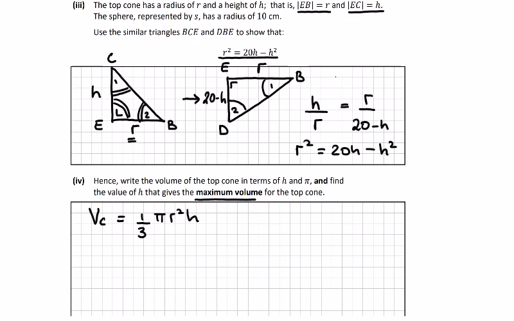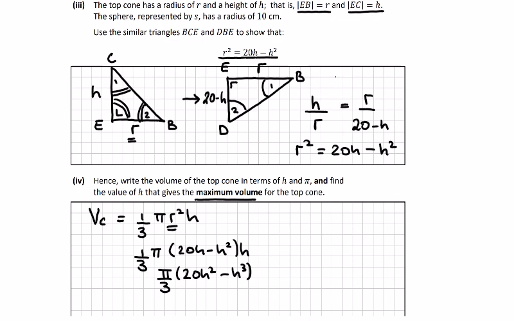So we have R squared from above, so let's change R squared in terms of H. So we're going to get 1/3 pi by R squared, which is 20H minus H squared, times H. So we're going to get pi over 3 times 20H squared minus H cubed.